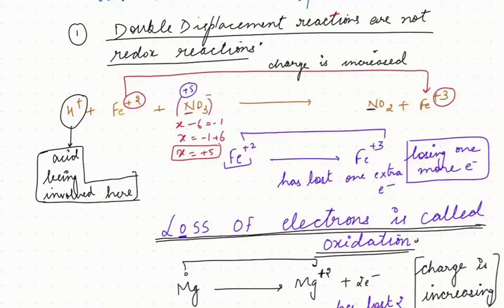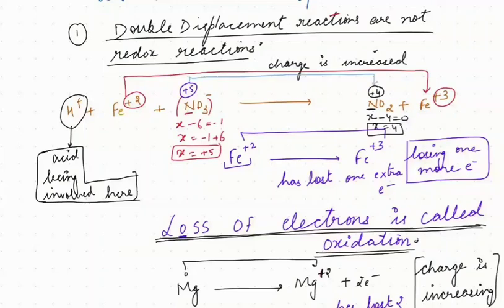So here nitrogen is carrying +5. Now let's calculate the charge on nitrogen on the product side. Let nitrogen charge be X, one oxygen is -2, so for 2 oxygens, -4, and the total is 0. So X is going to be +4. Did you understand my point? So here the charge goes from +5 to +4.